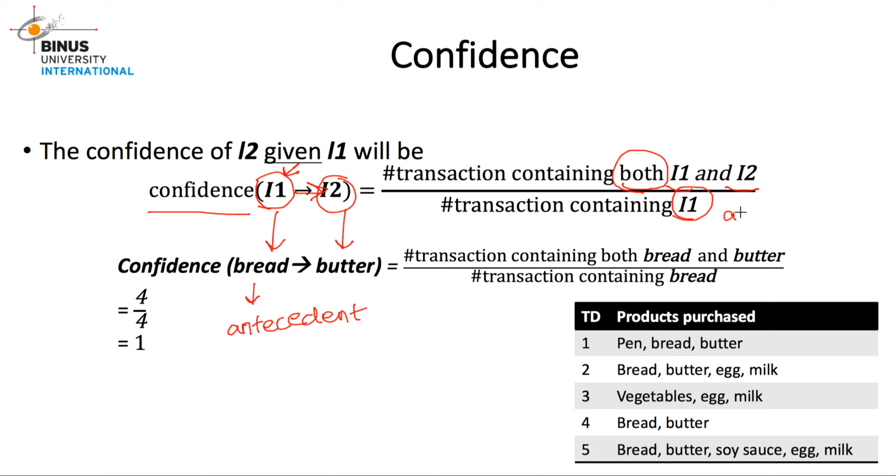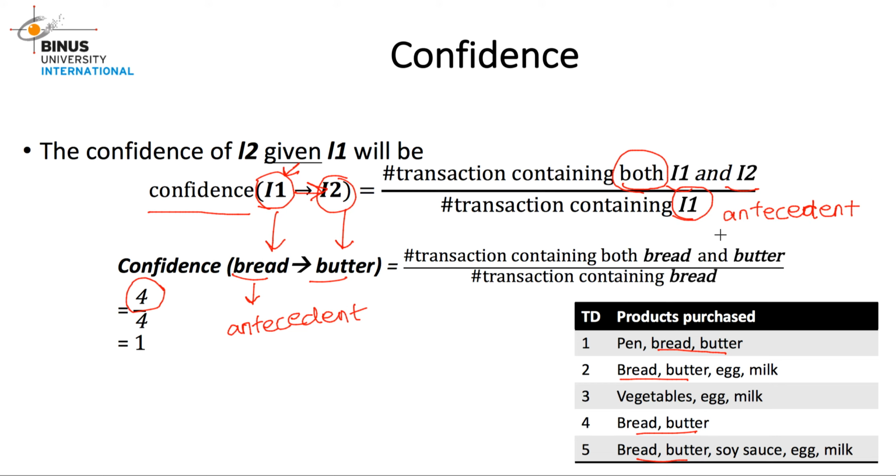Yeah, so you divide by the number of antecedent. So if we see bread and butter in here, we have 1, 2, 3, 4. The transactions containing both bread and butter is 4. How about transactions containing bread only?